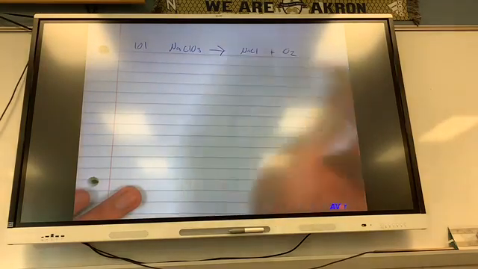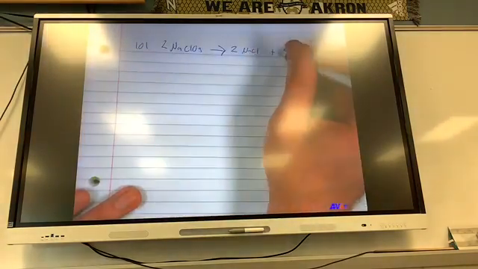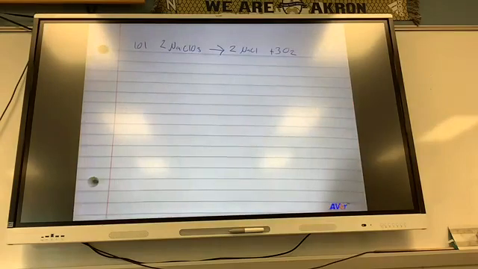Balance it. 2, 2, 3. Boom, we're balanced. On 101, they are saying the oxygen collected over water occupied 57.2 milliliters at a temperature of 22 Celsius and a pressure of 734 torr. Calculate the mass percent of NaClO3 in the original sample. At 22 degrees Celsius, the vapor pressure of water is 19.8 torr.